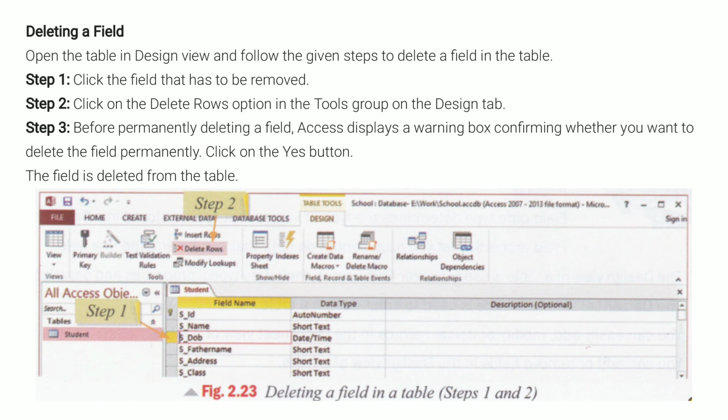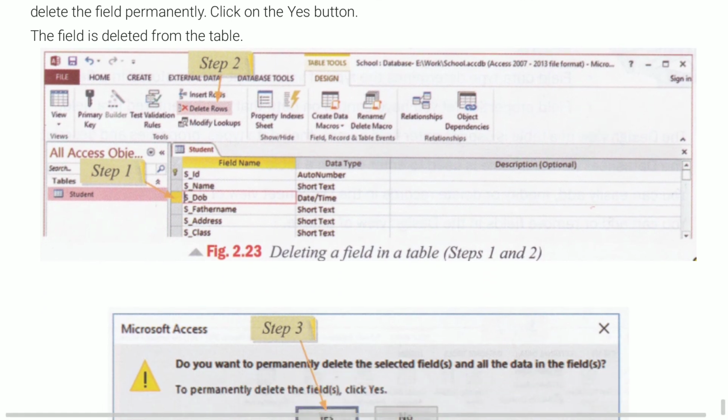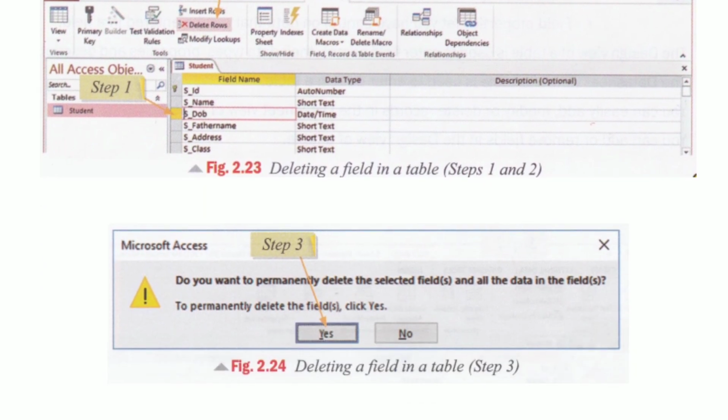But before deleting it, a warning message will come on the screen for confirmation, asking if you want to permanently delete the selected field. If we click on yes, the selected field named SDOB will be deleted permanently from this table.